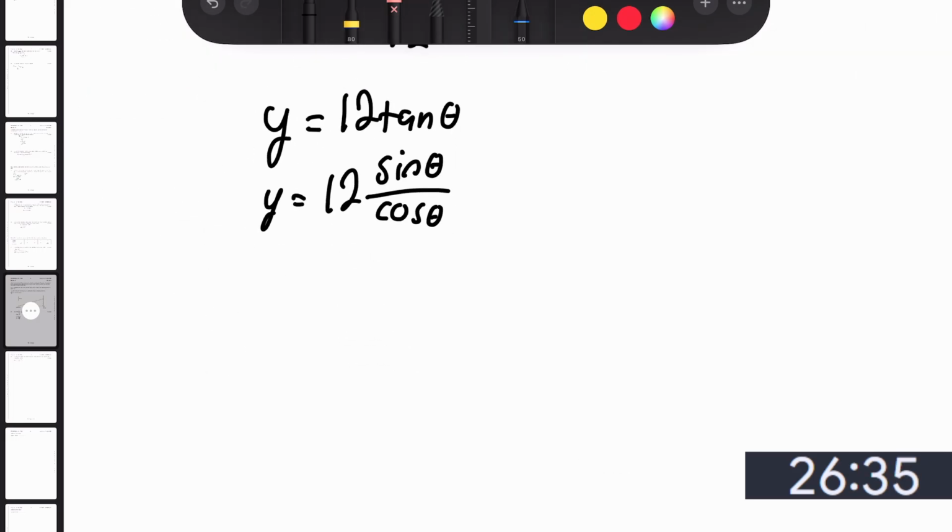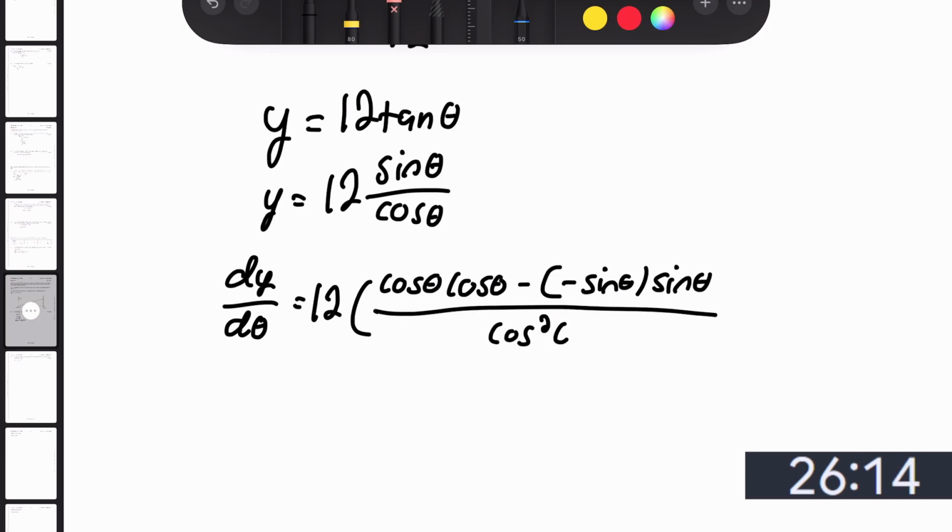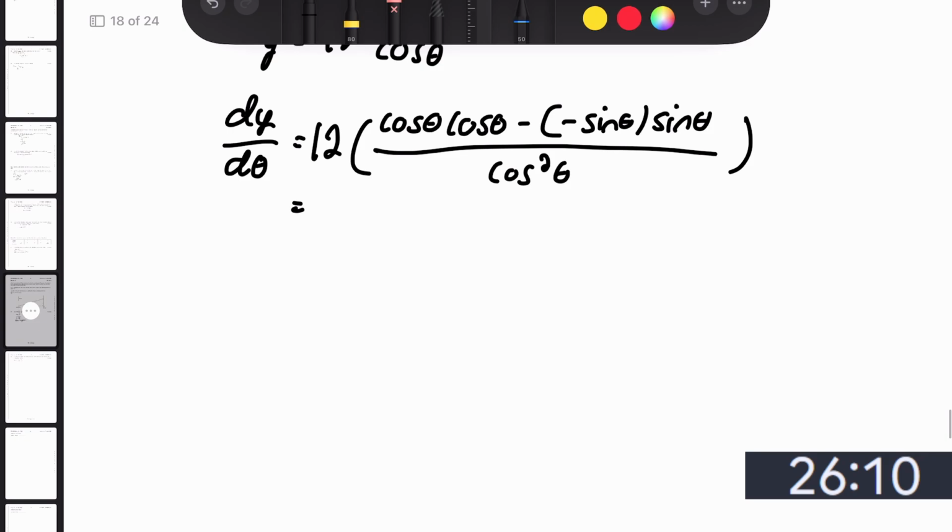Okay, so dy d theta is 12. Derivative of the top is cosine of theta times cosine of theta. Derivative of the bottom is negative sine of theta times sine of theta, all over cosine squared of theta. Oof, my mouth is getting close to the mic, apologize.